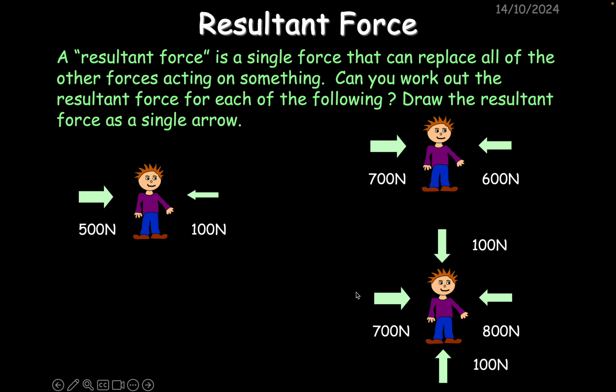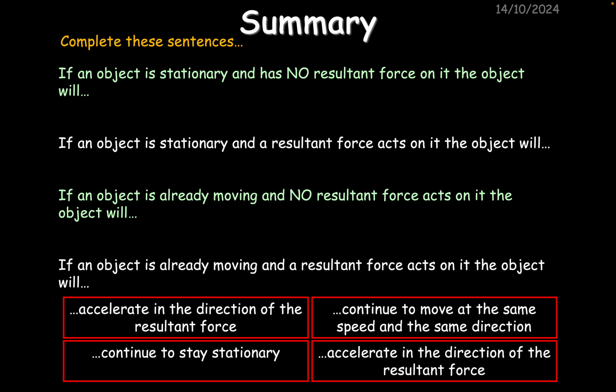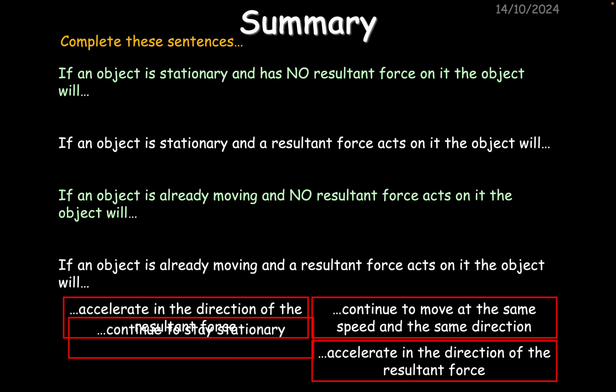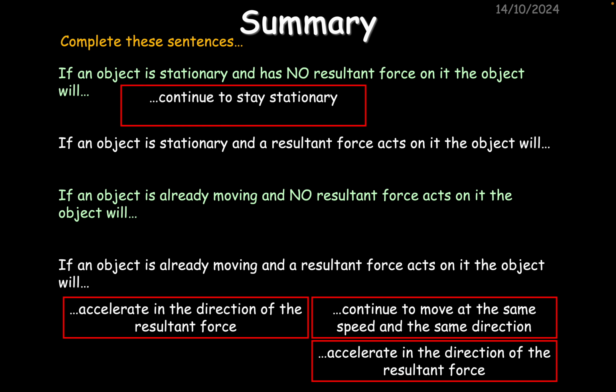So that's what resultant force means. It means the net force when you take into account the magnitude and direction of all of the forces drawn on the object. In summary, if an object is stationary and has no resultant force on it, the object will continue to stay stationary.